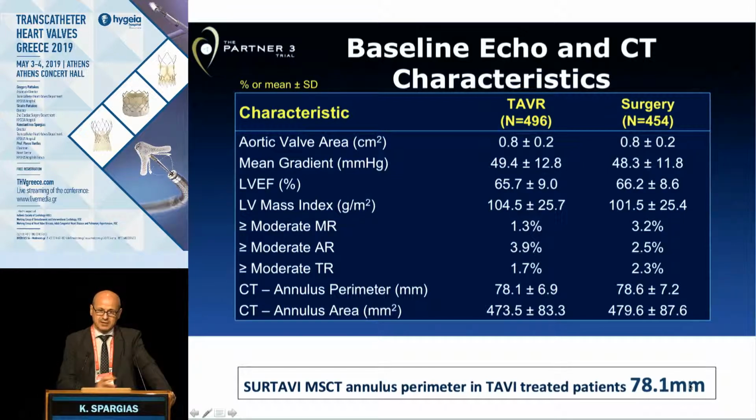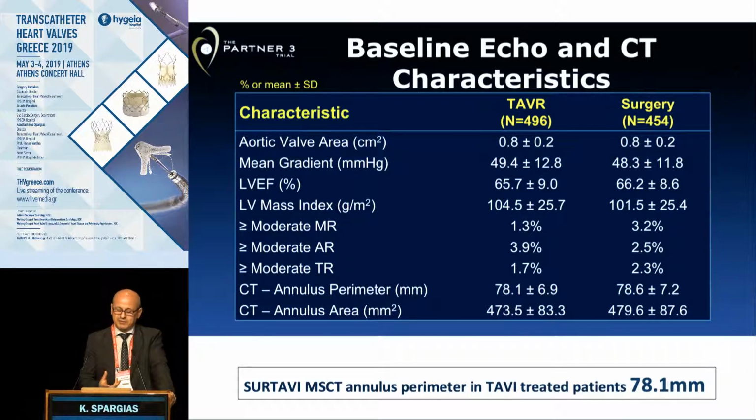I don't have the data from the low risk, but it seems that they are the same population. So this difference in the effective orifice area cannot be explained by baseline differences between the populations. They are the same population, but at the end, we consistently get a larger effective orifice area with the Medtronic valves compared to the Sapien valves.